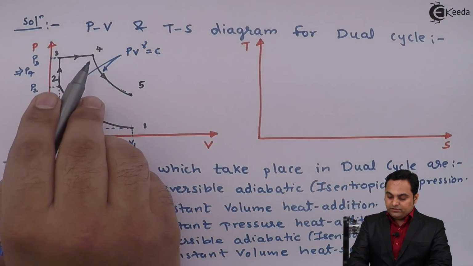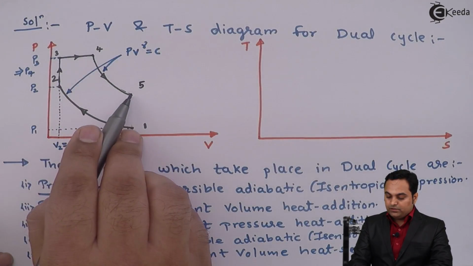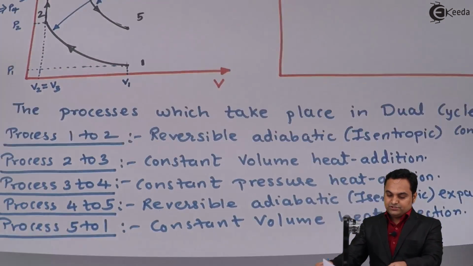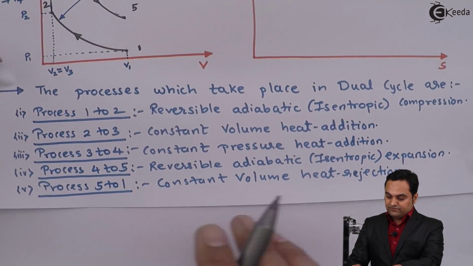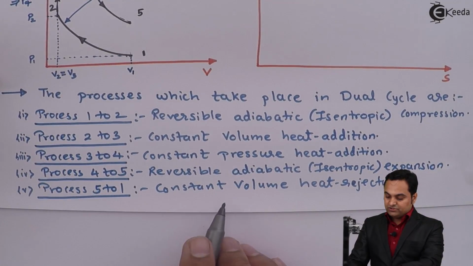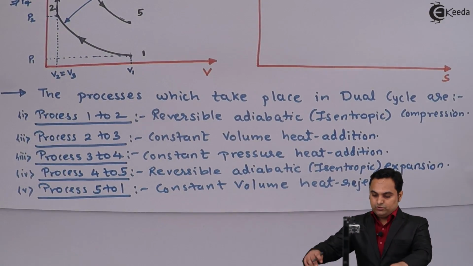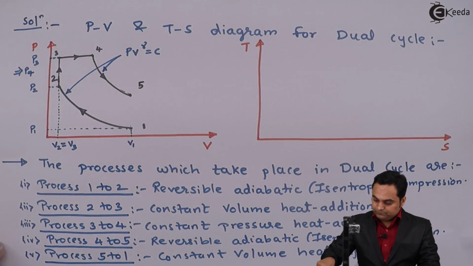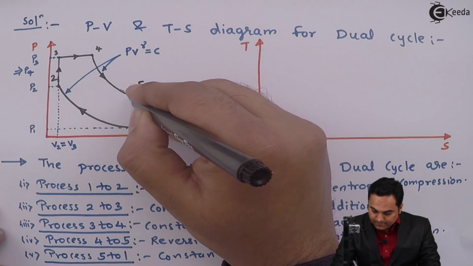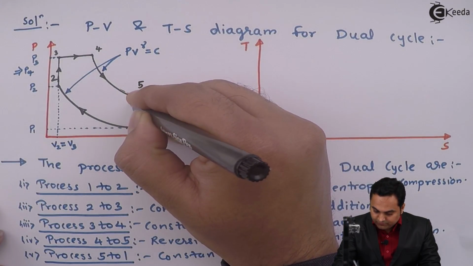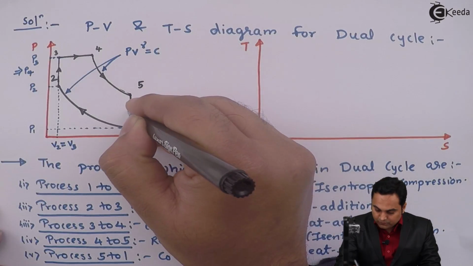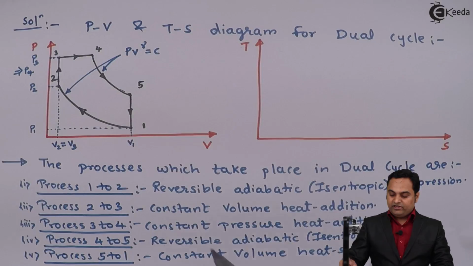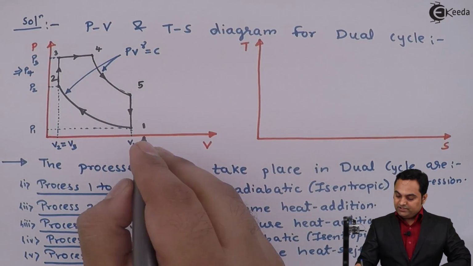Next, after the completion of the expansion process, we are having the last process as process 5 to 1, which is constant volume heat rejection. So for this constant volume heat rejection, I'll draw a vertical line from 5 towards 1, wherein the volume of point number 5 and point number 1 are same.